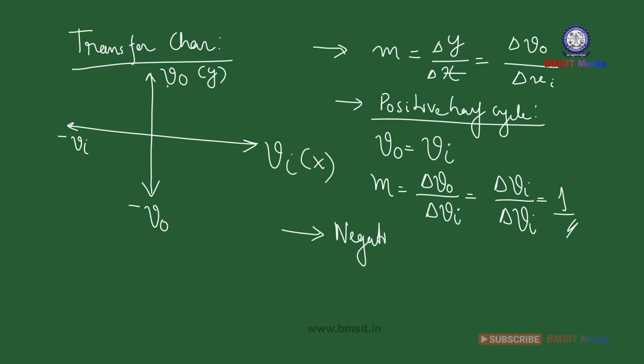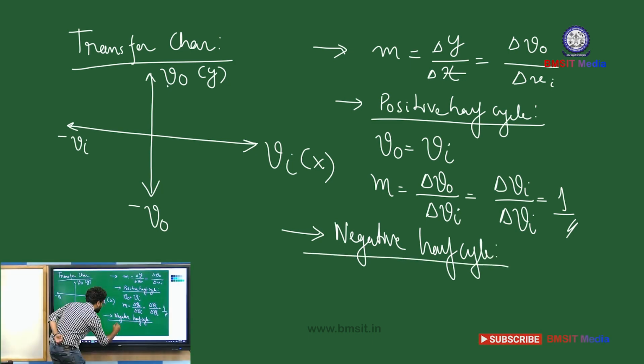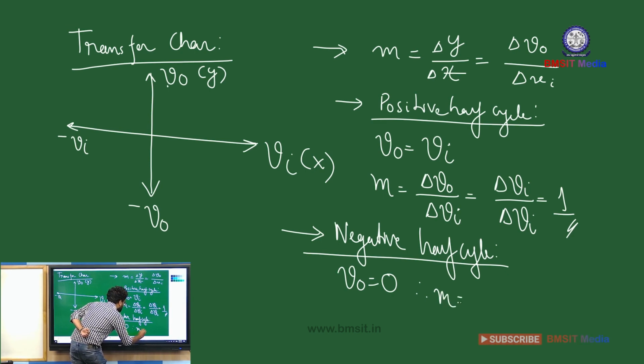And for the negative half cycle, you can recollect the results. We have obtained V0 is equal to 0, and therefore M is equal to delta V0 divided by delta Vi.